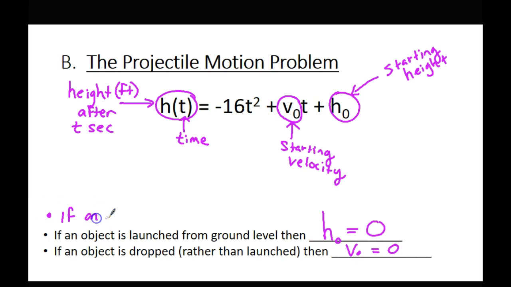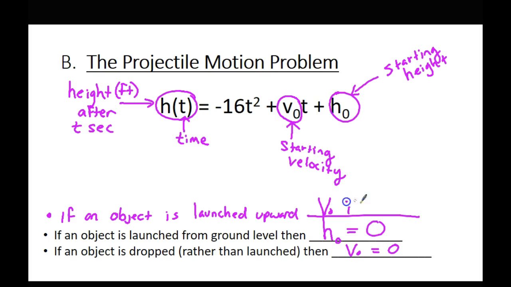If an object is launched upwards, then the starting velocity is positive. And if an object is launched downwards, the starting velocity is negative.